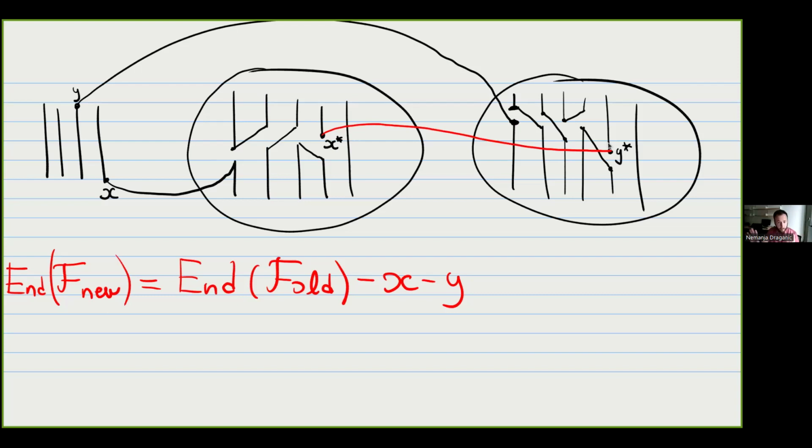No other endpoint changes happened, and now I found an edge between x star and y star. Because I killed x star and y star, the endpoint change is just that I killed x and y. And this is the only thing which happened globally. Now I decrease the number of paths of a linear forest by decreasing the number of endpoints, and I maybe can continue doing this.